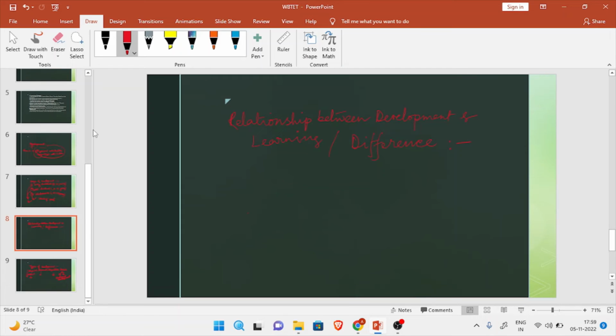Since development domains are cognitive, affective, which can be understood as knowledge, attitude, and skill, they are interlinked, and change in one domain affects the other. So this is development, and learning is associated with development.